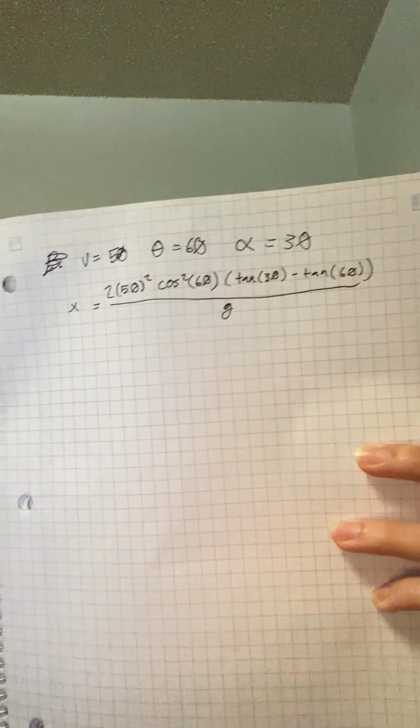G is a constant equaling 9.8, written down here. Plugging this all into the formula on a calculator means x is about 147.28323 meters, as shown here.